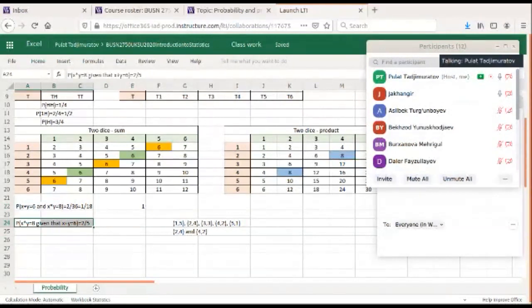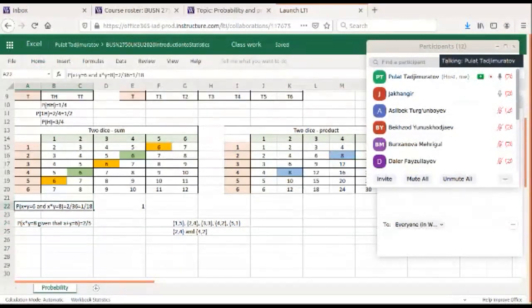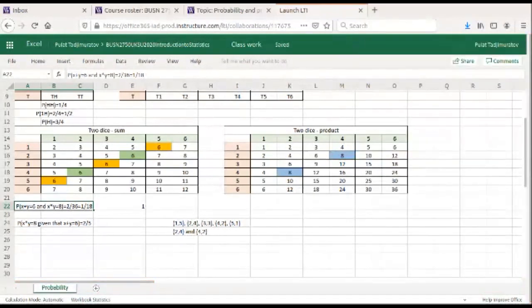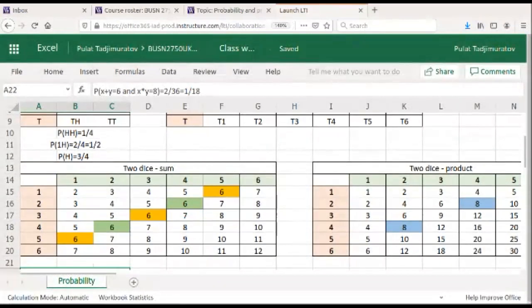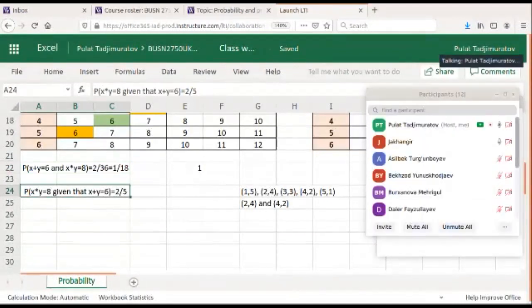Oh, how come I did not merge the cells? Okay, the quality of the video is a bit low. Most probably that's because of a bad connection or something like that. So let me change the scale maybe. So what if I do it like this? Can you see it now? Yeah, it's better.